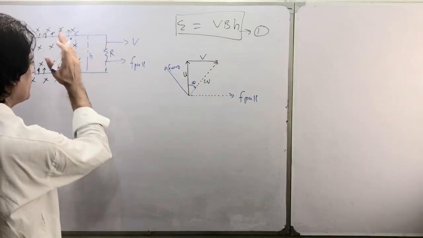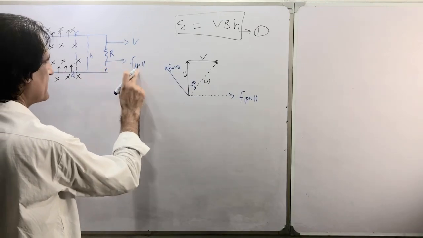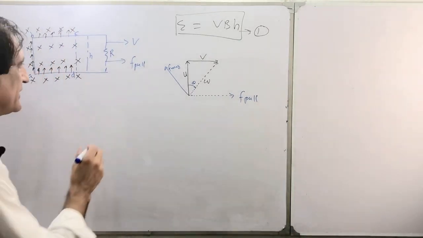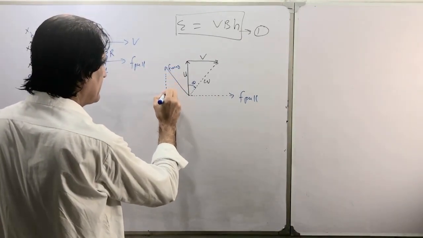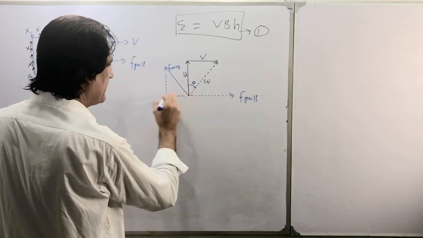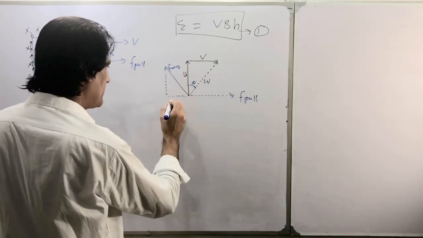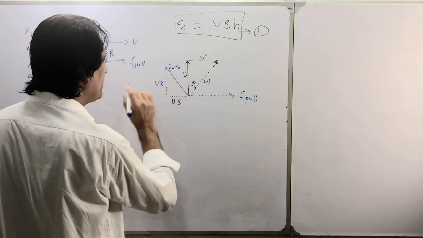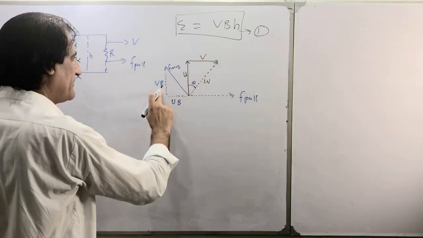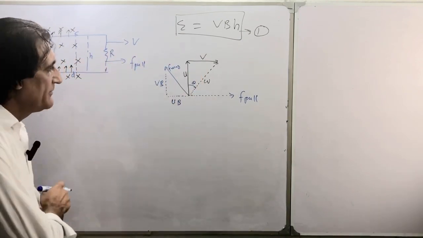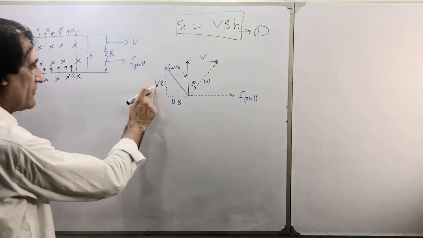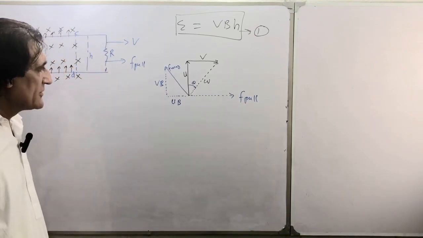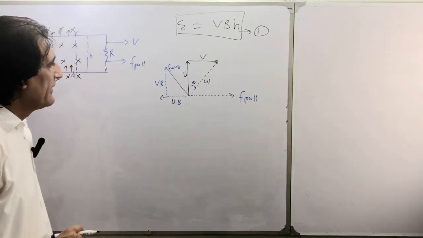When a person pulls this with a force, F pull, then this will be in this direction, and if I write the component, this is actually the component of the magnetic force, uB, and this is actually the component vB. This is the component of this, and this is the component of this, the force per unit charge in this direction, and the force per unit charge in this direction.